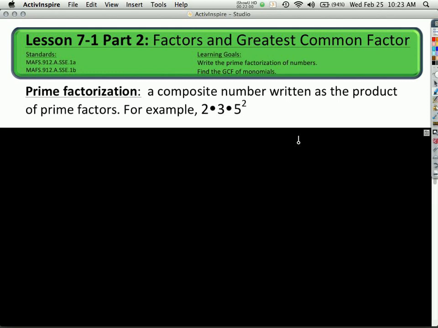Product, prime factors. So here's an example: 2 times 3 times 5 times 5. When you multiply that out, you get a composite number. So one of our goals today, one of our intermediate goals, is to learn how to find these. That's not our ultimate goal, but that's an intermediate goal. It's another skill along the way.